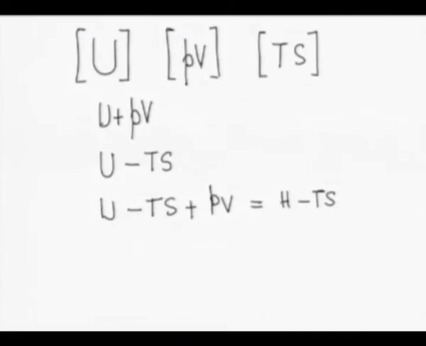And these combinations are so common that just the way we have said that U plus PV is a common combination and we give it a name, enthalpy H, U minus Ts is also a very useful combination and is given the name Helmholtz function.